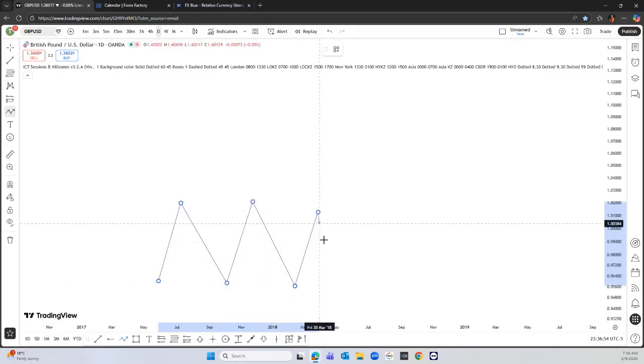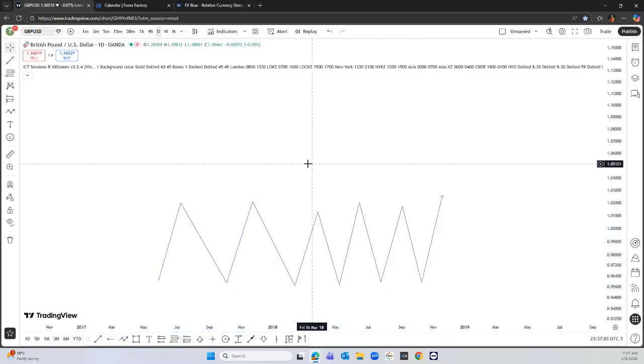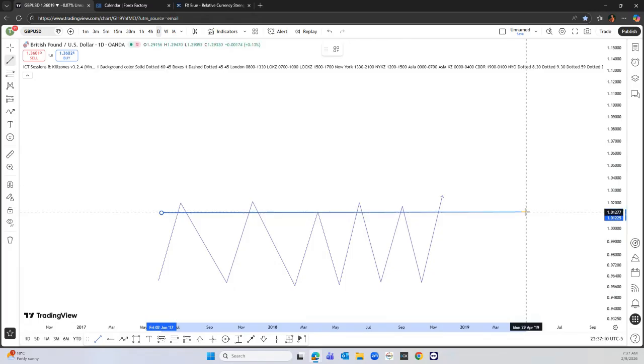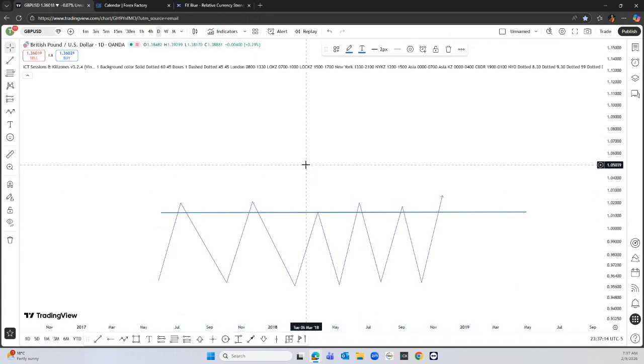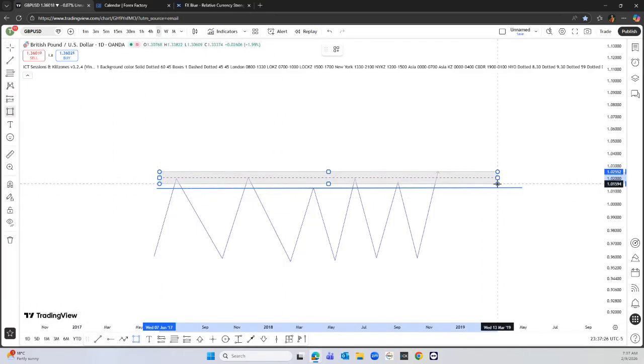In this scenario, if you come and draw lines here, these will not really work well for you, because you can see instances when liquidity is being taken out. So the best thing is for you to draw it as a zone, like that.